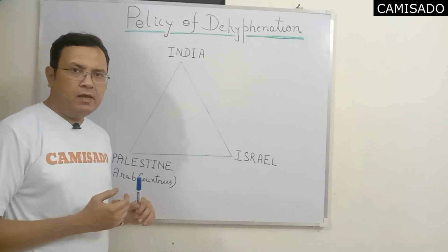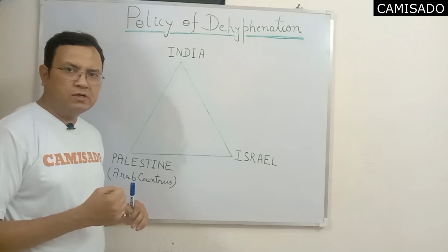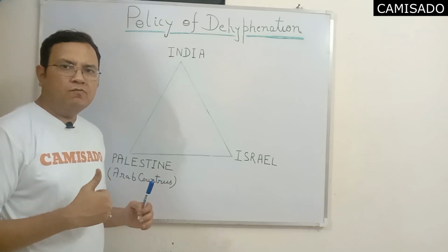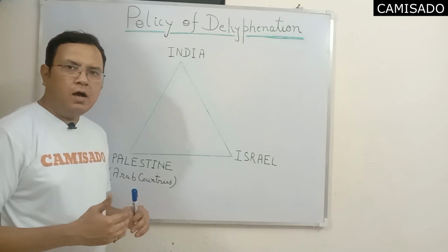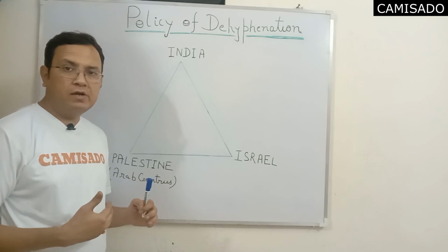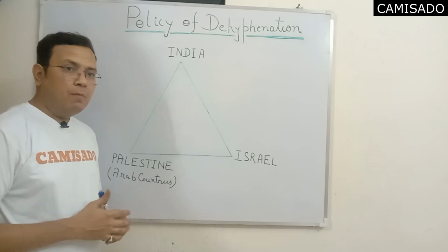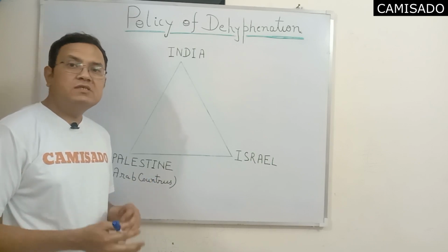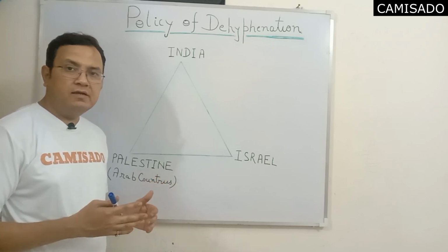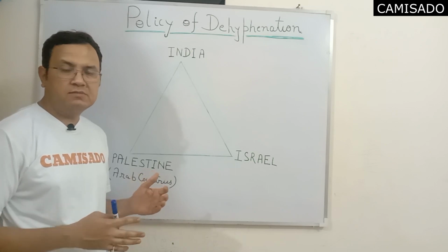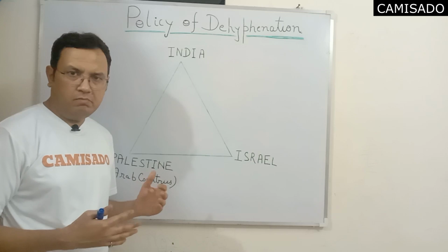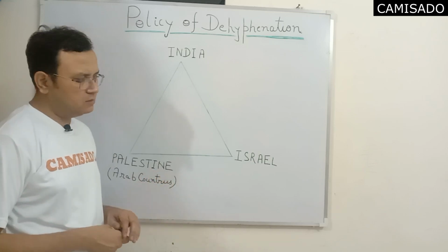Some of the important factors which make Arab countries important for our national interest are our huge dependence on them to meet our energy needs. Apart from that, more than 7 million workers are working in Gulf countries, and they send billions of remittances back to India every year, which is very crucial so far as our national development is concerned.